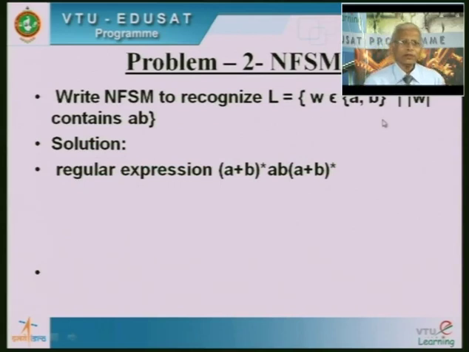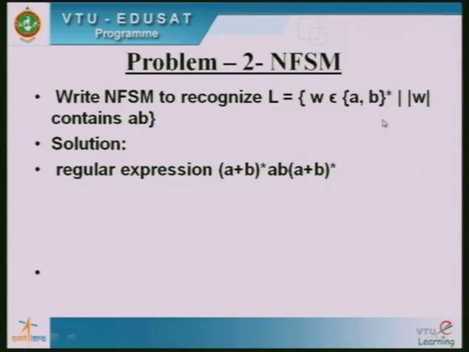Problem 2: L is defined on {a, b}*. For simplicity, I have taken all the languages defined on {a, b}*, where W contains ab. That means it can come in the beginning, it can come in the middle, it can come in the end.